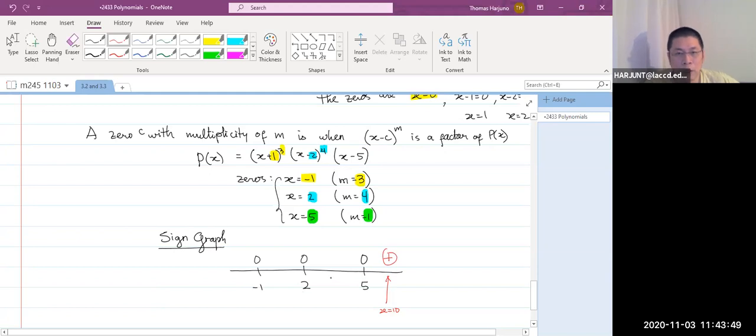When you put x equals to 3, for example, what will happen? You get 4 cubed, that's positive. 1 to the 4th, that's still positive. 3 minus 5 is negative, right? So that's positive to the 3rd, positive to the 4th, and then negative to the 1. That will be negative.